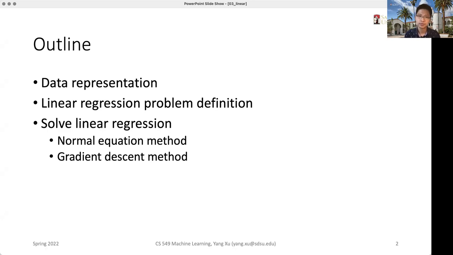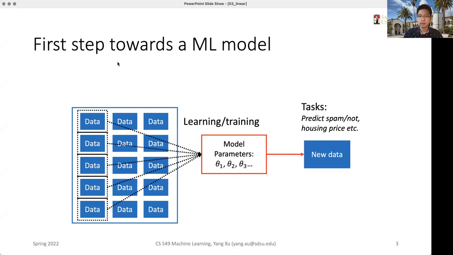But more importantly, we will go through the second type of method, called the gradient descent method. Gradient descent will be the basis for almost all the supervised machine learning models that we will talk about in the future.